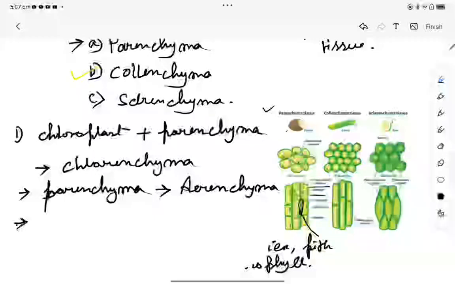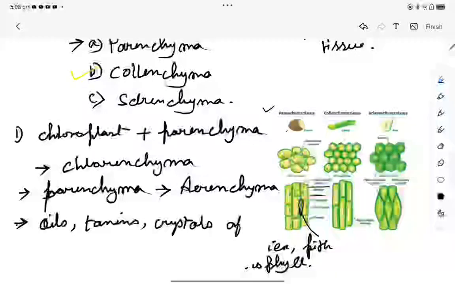Okay, next, parenchyma cells which contain oils, tannins, crystals of calcium oxalate, right?